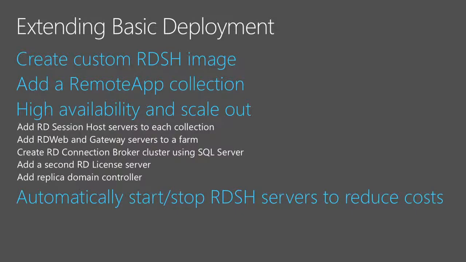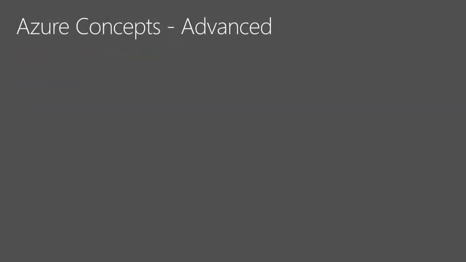And then lastly, you're going to want to keep your costs under control. And as I said earlier, your VM costs are going to dominate. And so you want to shut your VMs down when the service is not being used, right? And so we've published a script that will automatically do that for you. And we'll go into detail later on how that works.